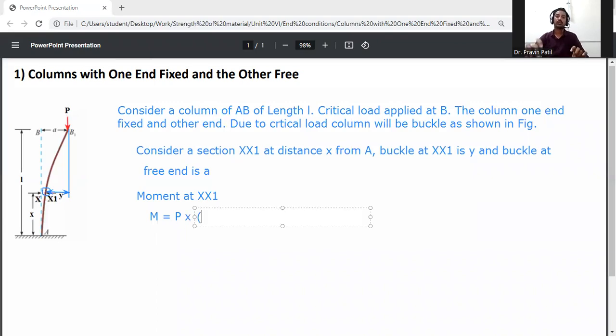So in bracket it will be a minus y. You can write it down as Pa minus Py.